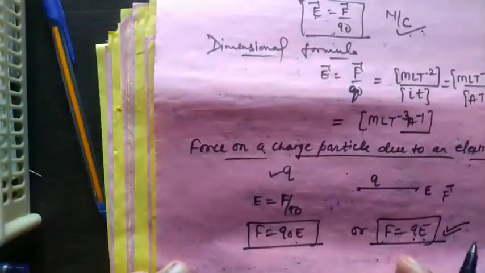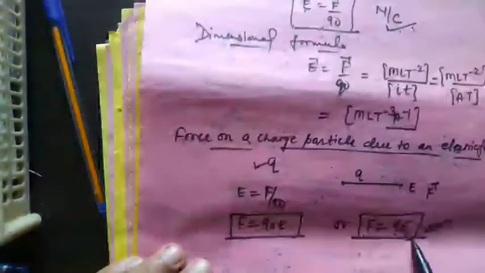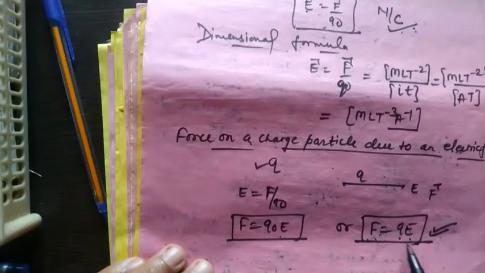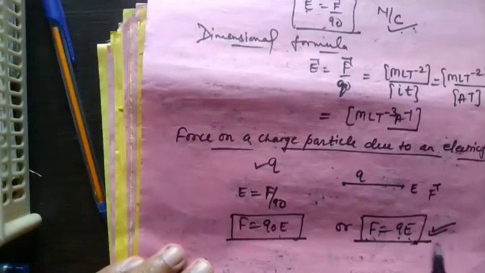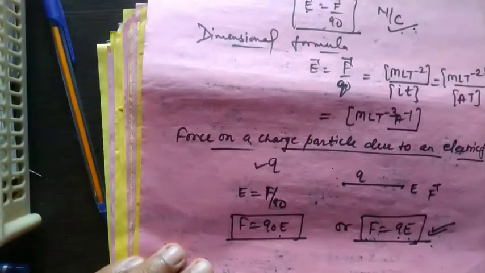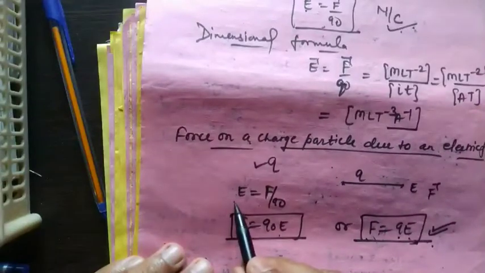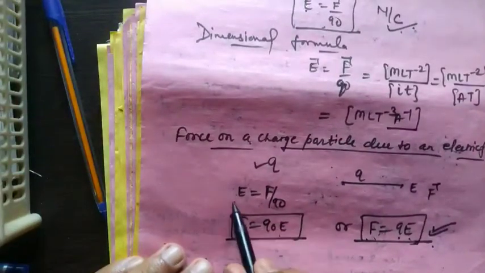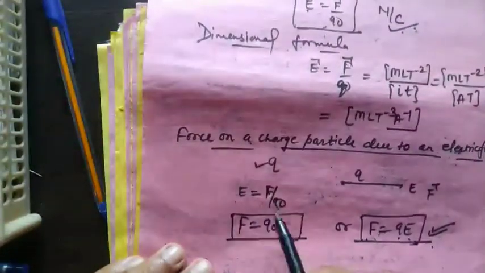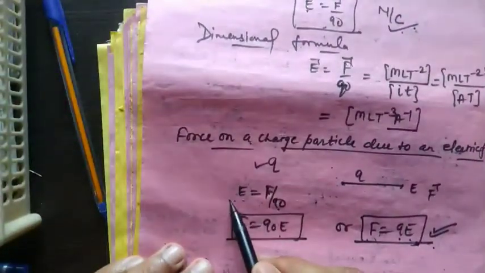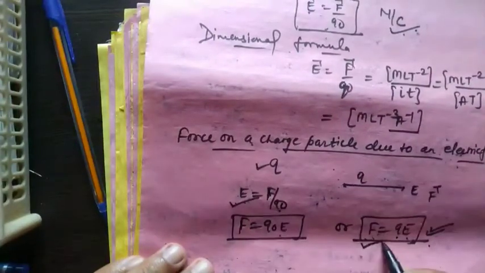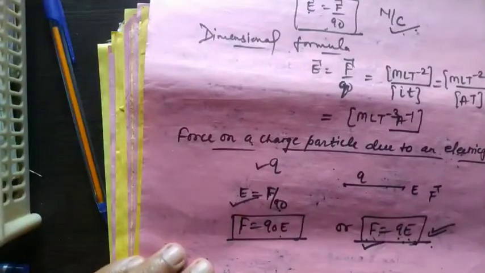On the basis of this formula, we can easily find the electrostatic force acting on a charged particle when it is placed in an electric field, and also the electric field intensity equals F upon Q0. If the value of F and Q0 is known, we can easily find the electric field intensity, and we can easily find the electrostatic force acting on a charged particle.